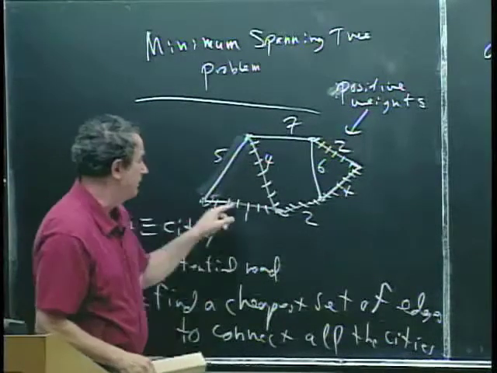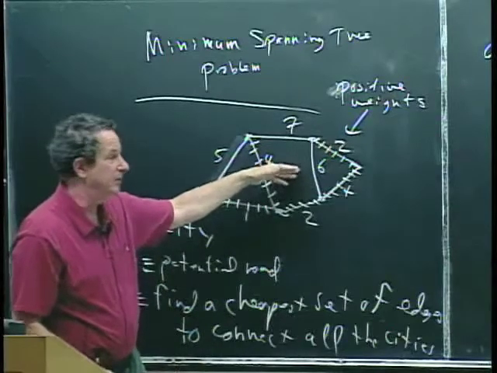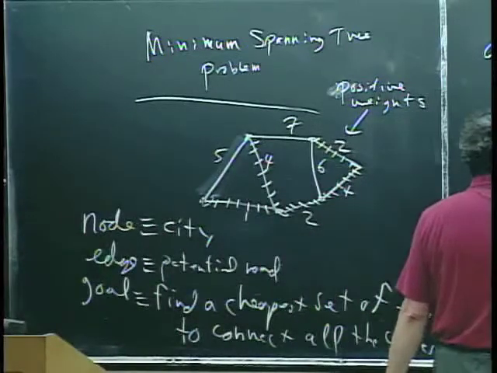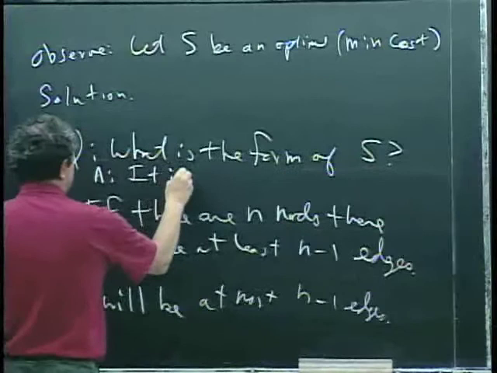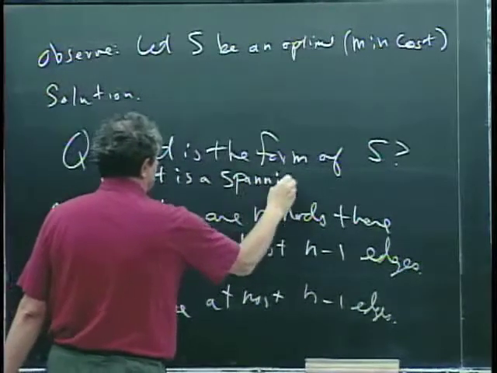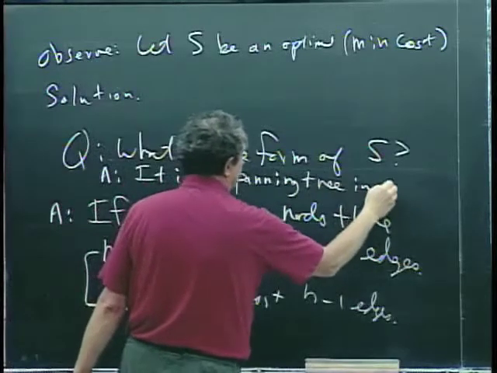But since the set of edges has to connect everything together, it'll just be a single tree. Okay, so the answer to this, what is the form of S? The answer, it is a spanning tree in the graph.